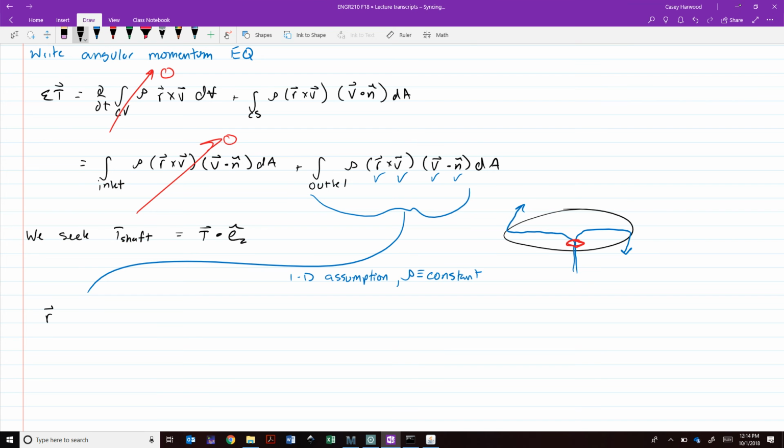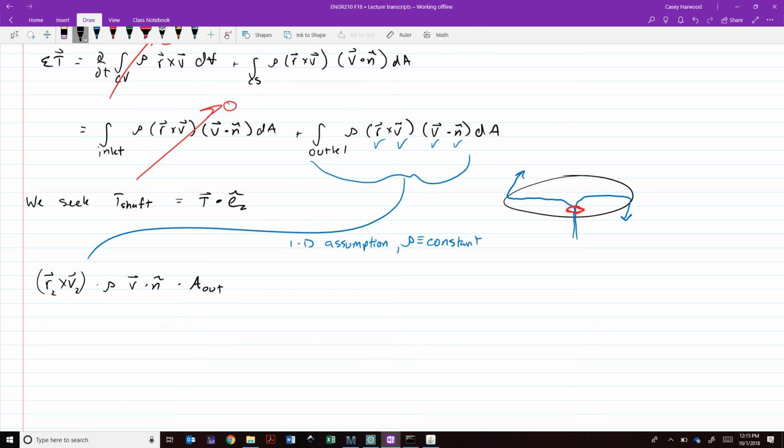This is going to end up being R2 cross V2 times rho V dot N times the surface area out. Well, V dot N times A out, especially times rho, this collection of terms right here, if we multiply it together, what do we get?